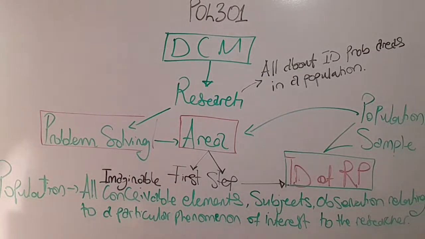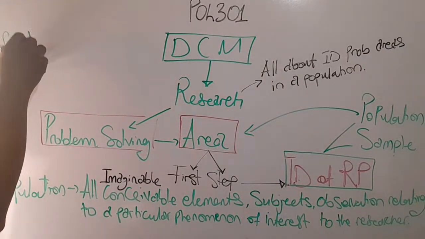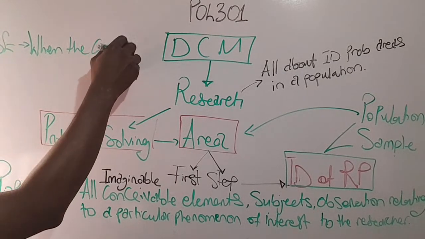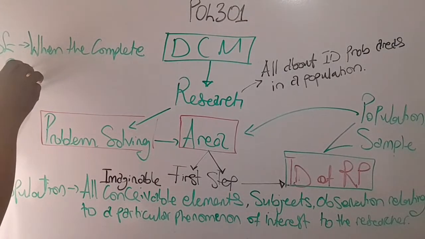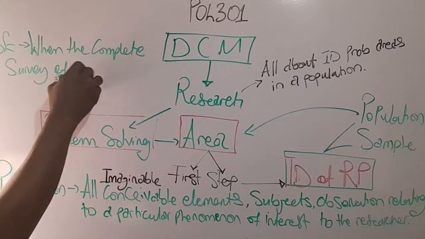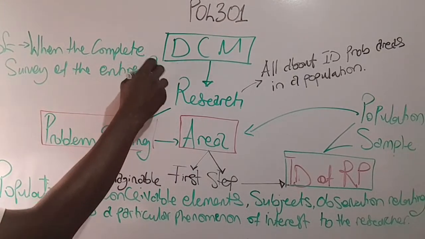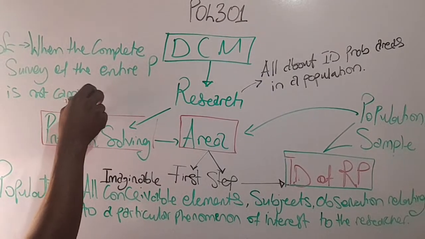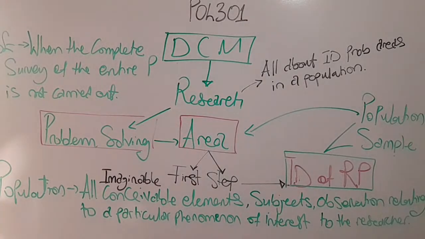Sampling error occurs. There's something called sampling error. So I'm just going to put that here. Sampling error. Now, this error occurs when the complete survey of the entire population is not carried out. All right. When the complete survey of the entire population is not carried out, then an error will occur.